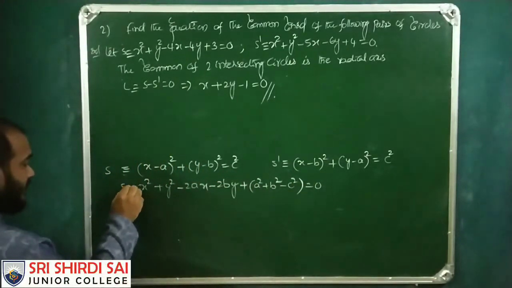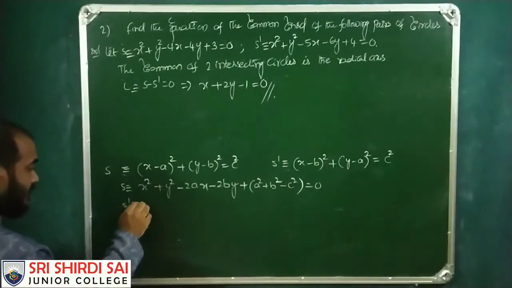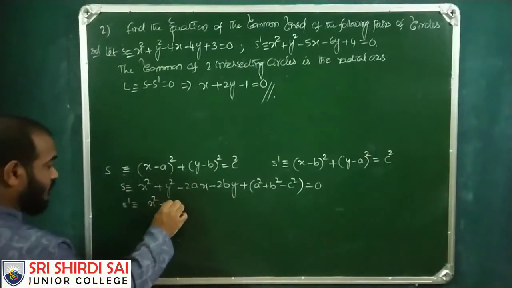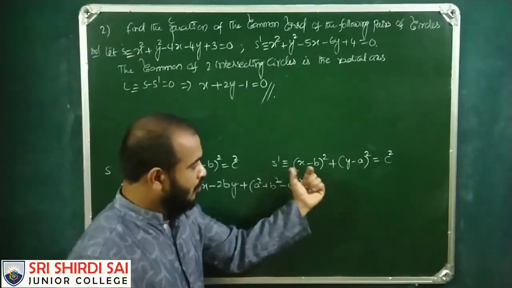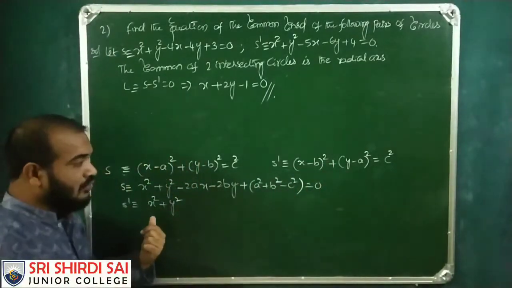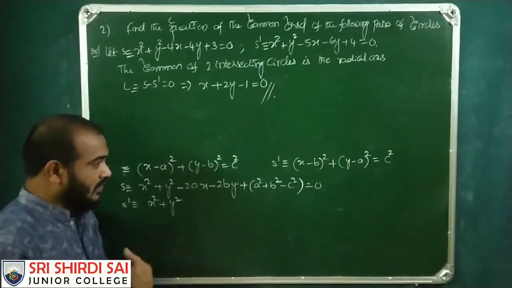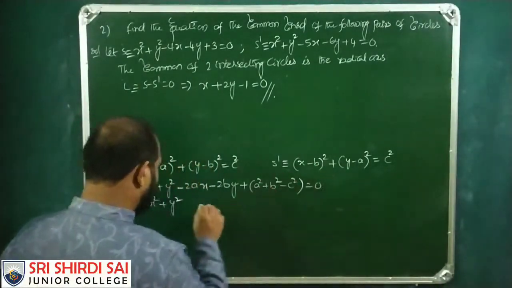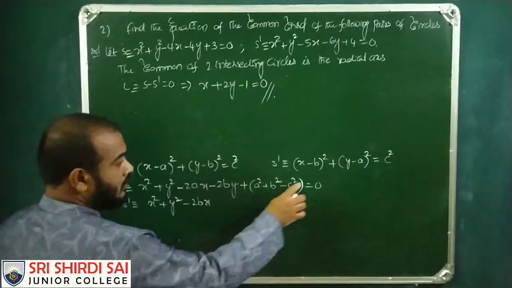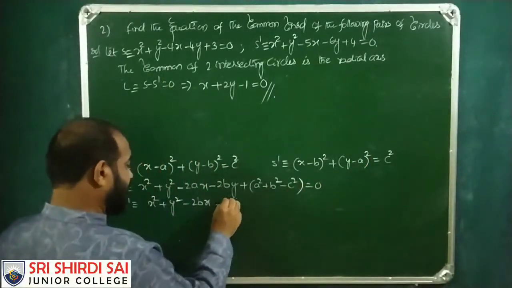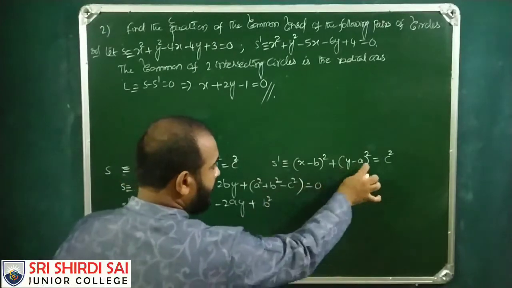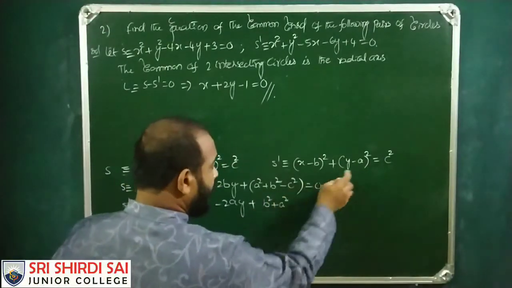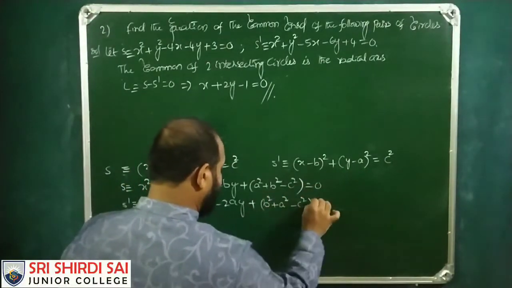And S dash is x square plus y square minus 2bx minus 2ay plus b square plus a square minus c square equals to 0.